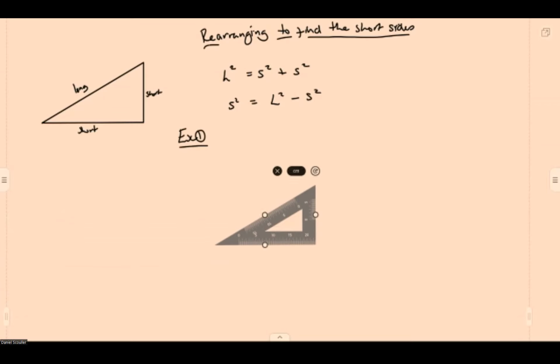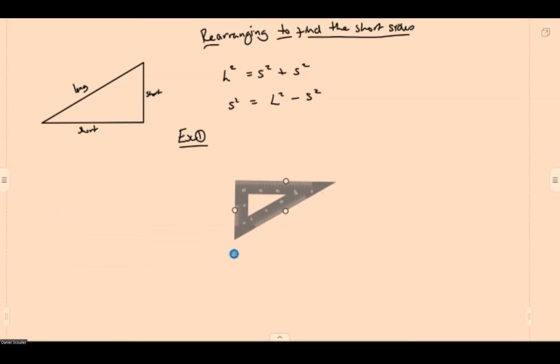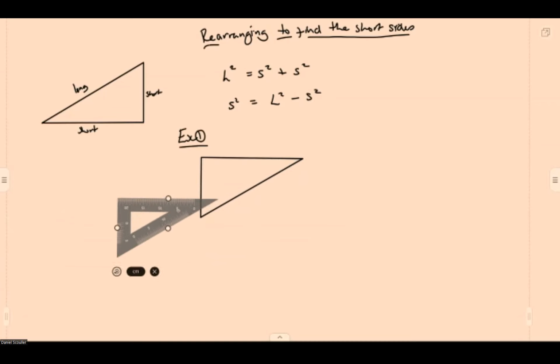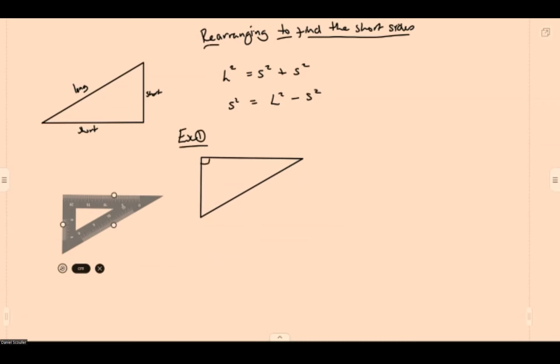And if you want, if you're comfortable with it, find x. Short side squared equals long side squared minus short side squared. If you want to start every Pythagoras question with long side squared, short squared, and then rearrange it, that's absolutely fine.